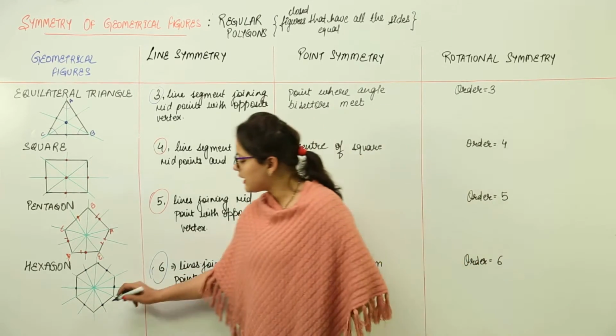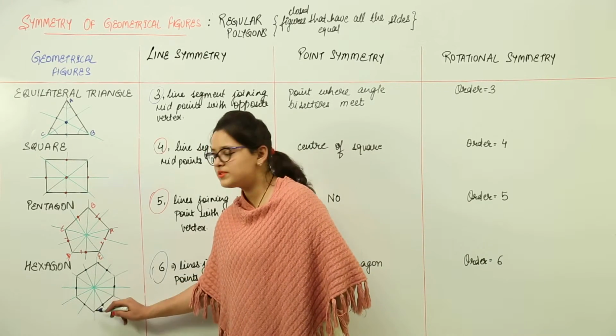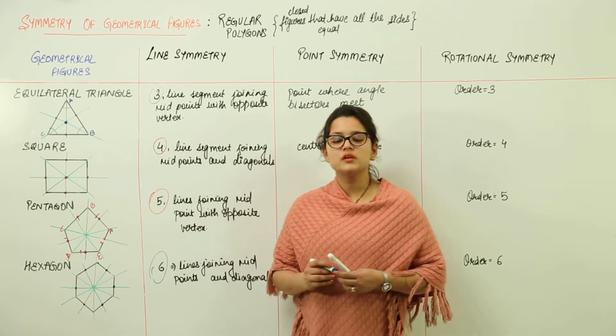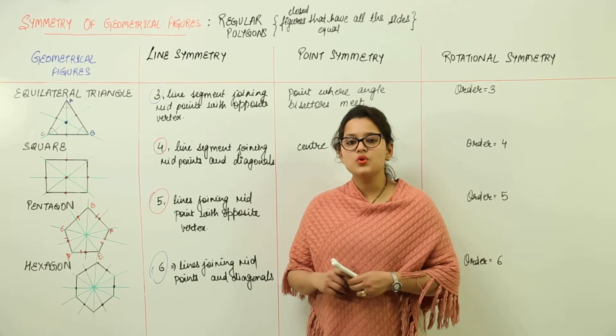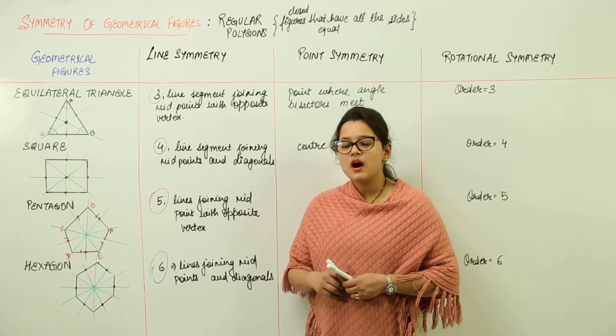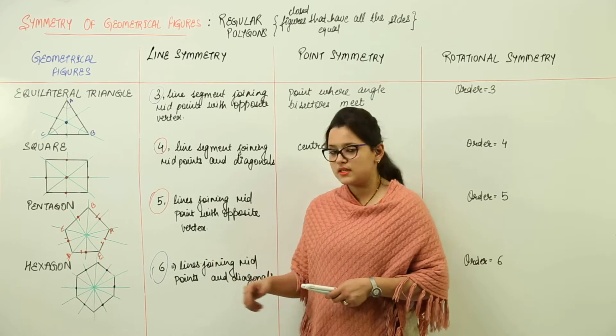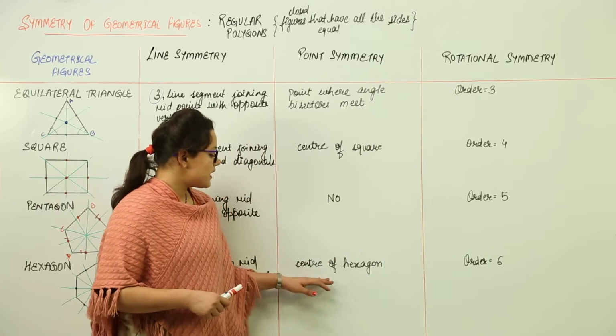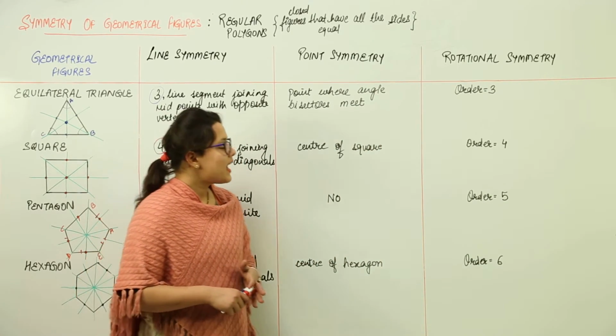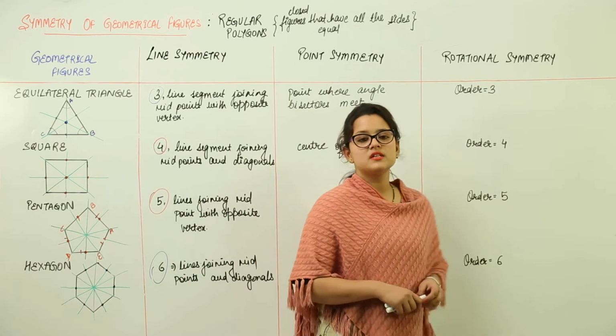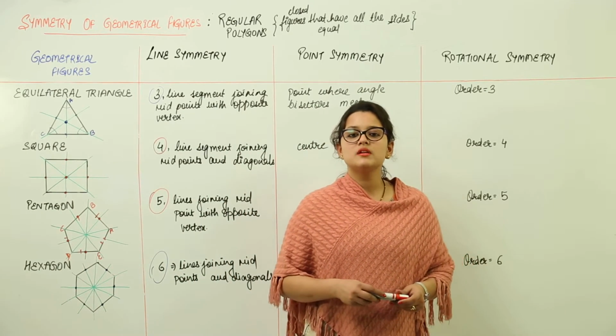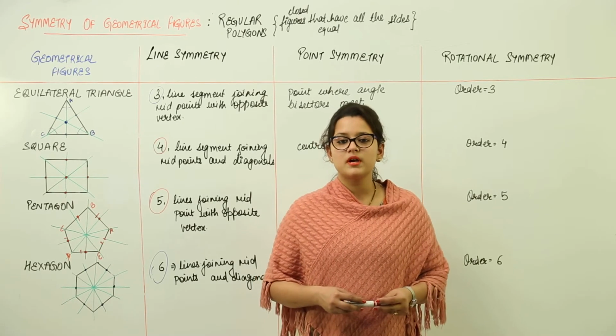The diagonal means the lines joining opposite vertices. So the lines joining midpoints and lines joining opposite vertices are the lines of symmetry for a hexagon. The point of symmetry for a hexagon is the center of the hexagon, and the rotational symmetry for a hexagon is going to be 6, because it can be rotated 6 times to get back to its original position.